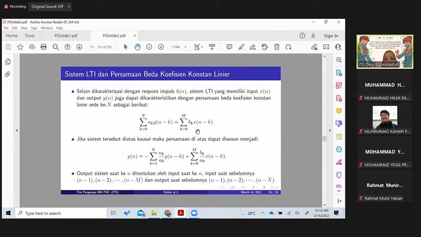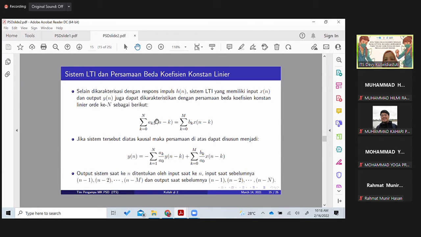And then you also have to notice that the order of the equation, or the order of the system in this case, depends on this n value here, the limit of the summation for the output of the system.